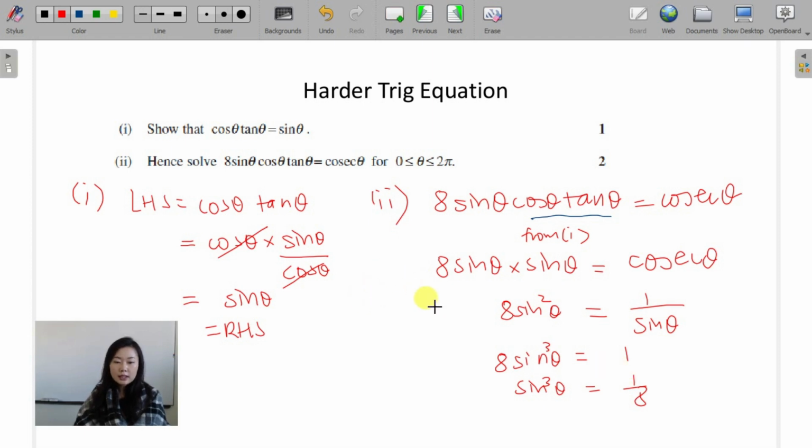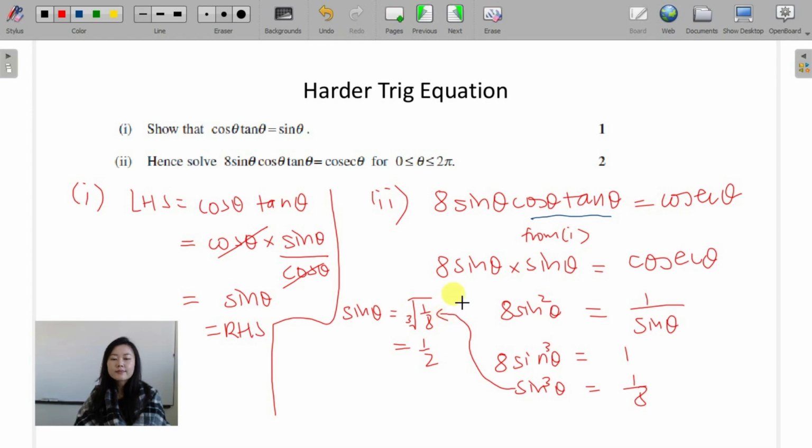I'm kind of running out of room here, so I'll try to squeeze it in. So that means sine theta equals the cube root of 1 on 8, which is 1 on 2. So we're trying to solve sine theta is a half. Which quadrant are we in? ASTC, we're in the first and the second quadrant because it's positive a half.